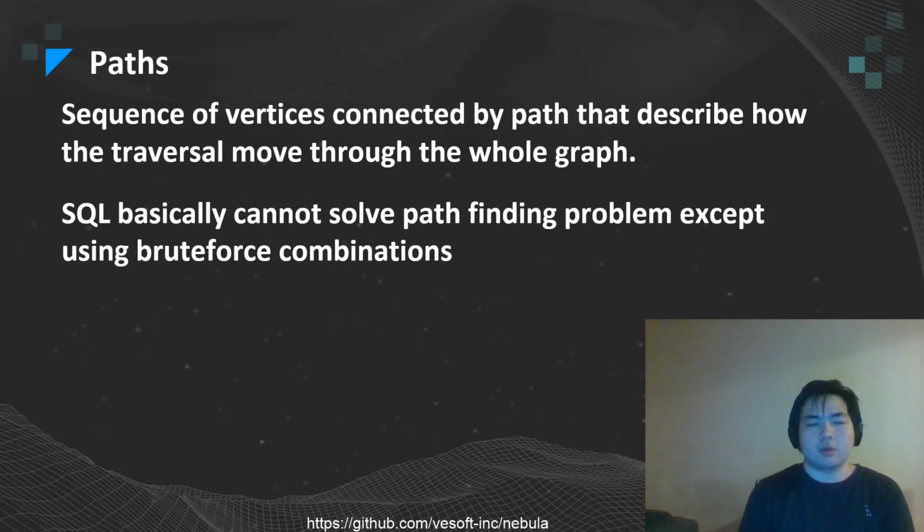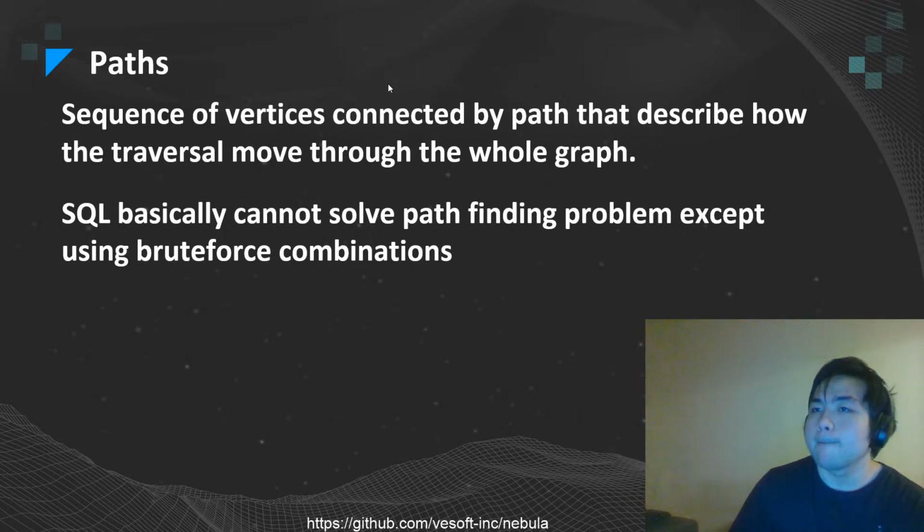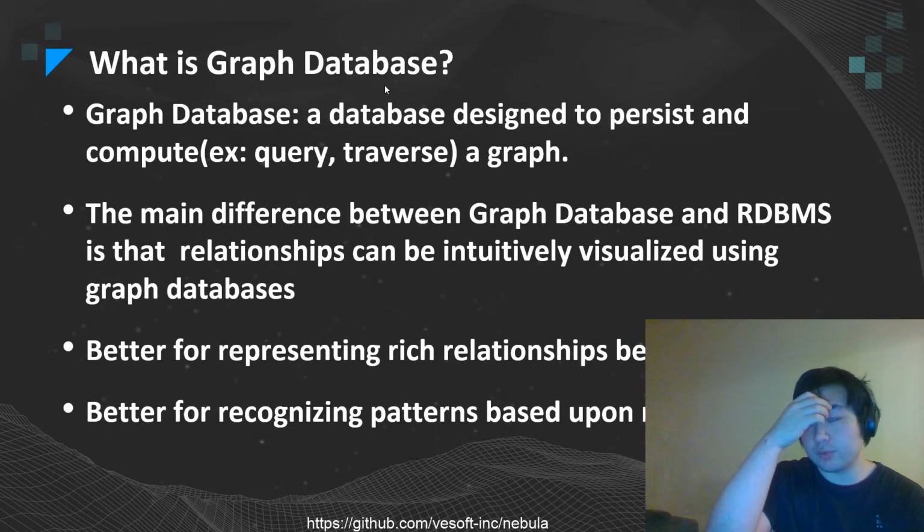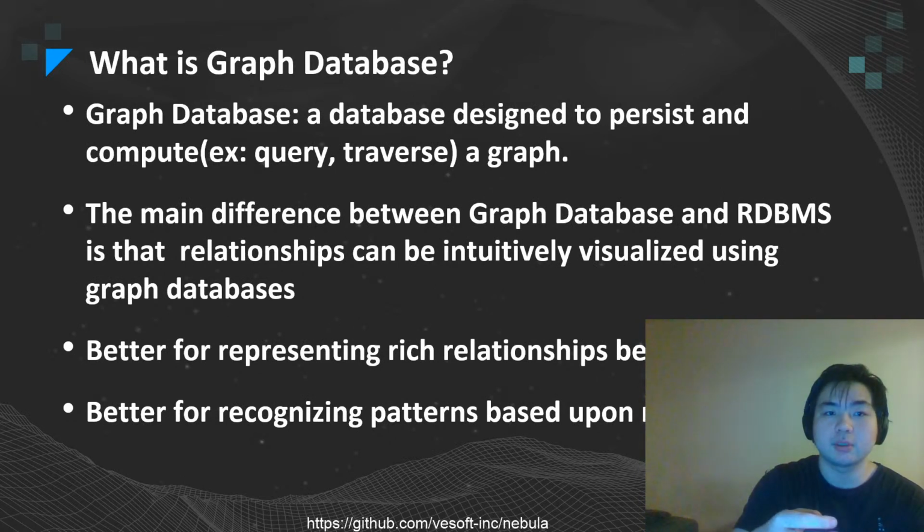Brute force ones will always cause exponential time complexity, and basically you should never consider them. That is the reason those three restrictions happen in SQL databases. It's the main reason why graph databases were born. A graph database itself is born to solve the graph storage and graph computing problem.